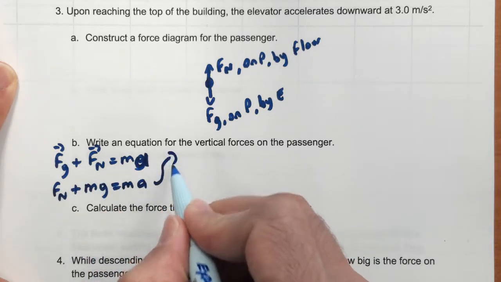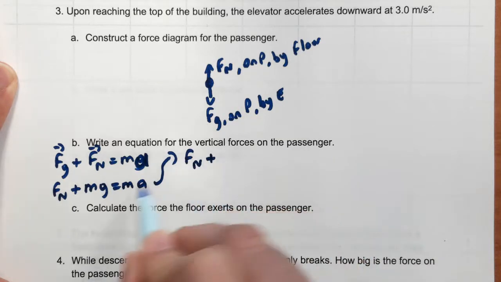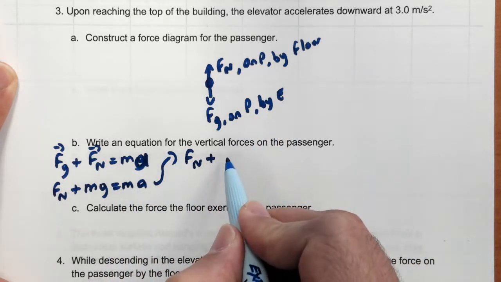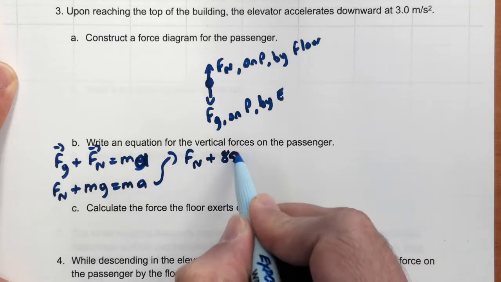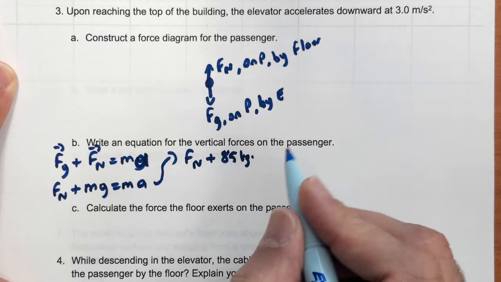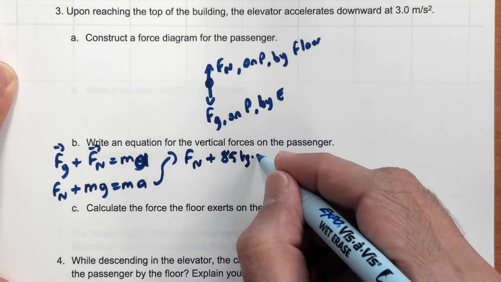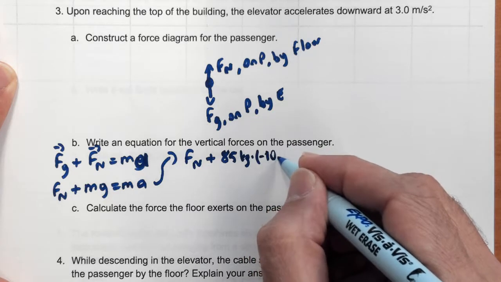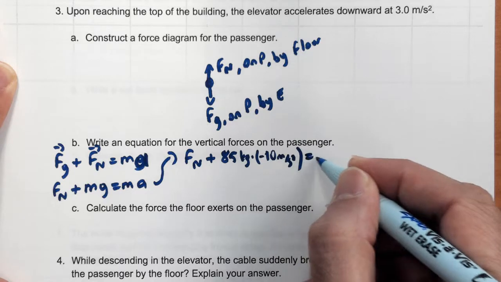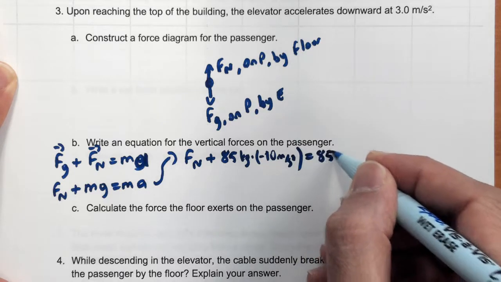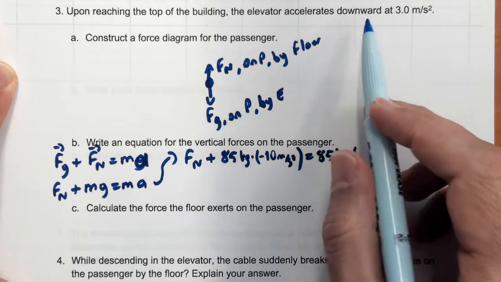So after I write it down, normal force plus, so mass is the same person, 85 kilogram, and gravitational acceleration is -10, equals 85 kilogram, and it goes downward.